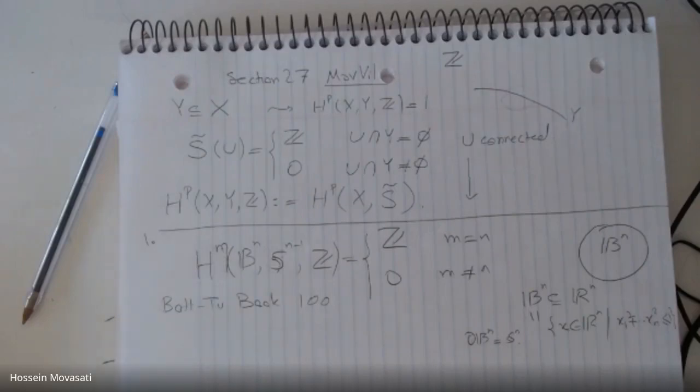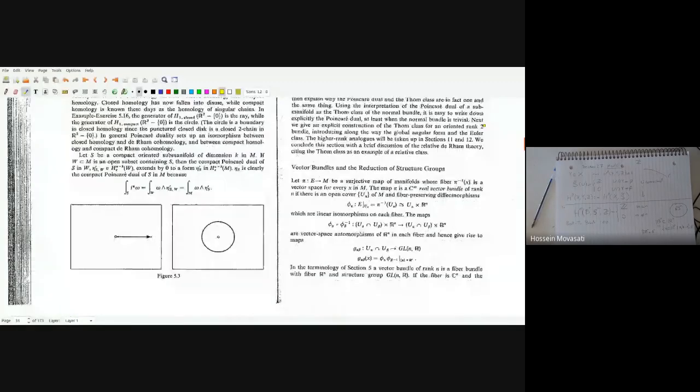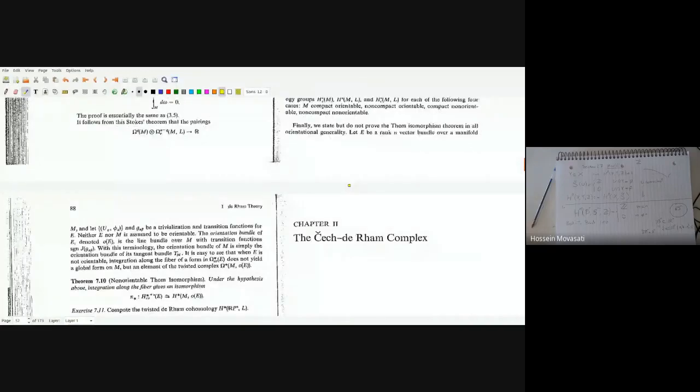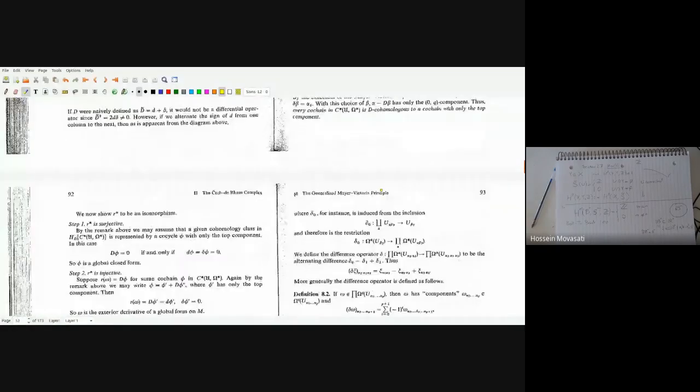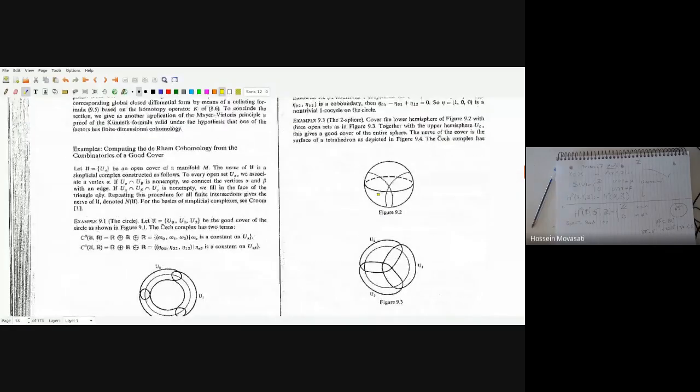Okay, so let's read it. Partially in Bott-Tu's book we have this exercise.